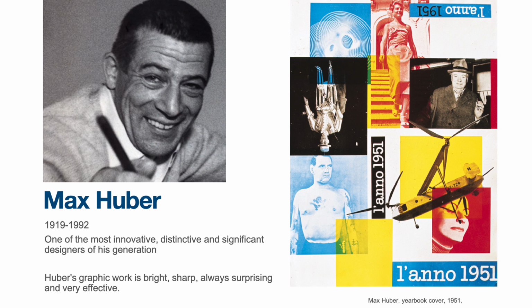He also had a long-standing collaboration with the Castiglioni brothers and later won a first prize in a competition for a poster for the Monza Grand Prix. What you're looking at on the right here is a yearbook cover in 1951, and it shows an informal balance of halftones printed in red, black, and blue, combined with yellow rectangles to turn the space into an energy-charged field.